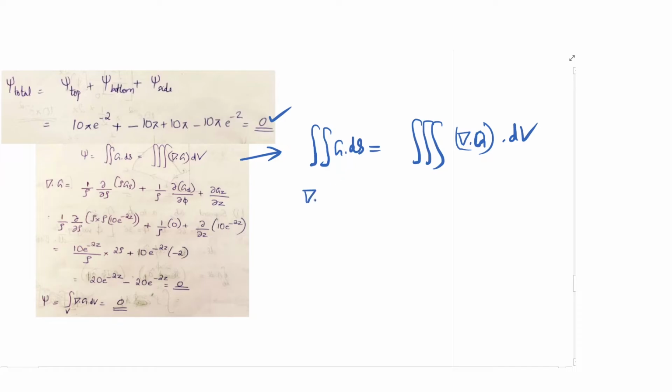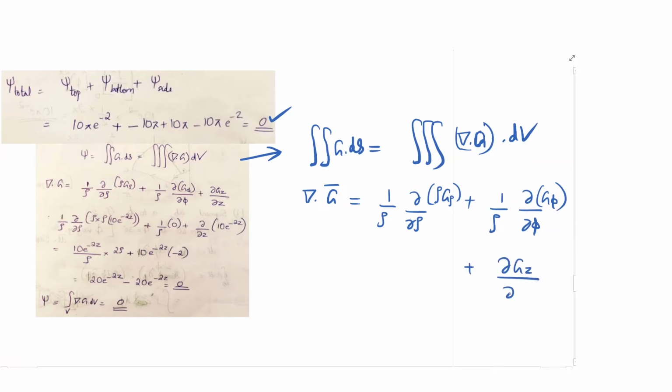To calculate del dot G in the cylindrical coordinate system, the divergence is 1 by rho into dou by dou rho of rho G rho, plus 1 by rho into dou by dou phi of G phi, plus dou Gz by dou z.